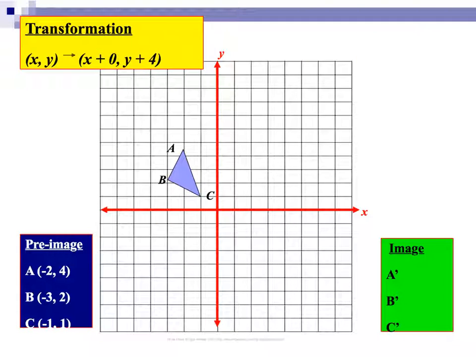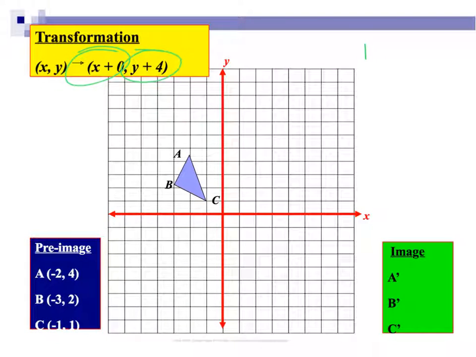So for this one, it's the same as the last one. We have 0 for x, so we don't move left or right, but we do have y plus 4. So since that is a plus 4, we are going to go up 4. So each point we're going to move up 4.